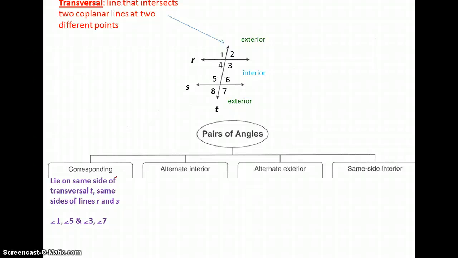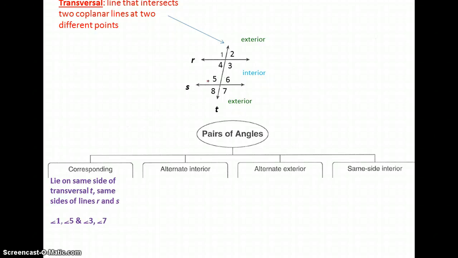By definition, corresponding angles lie on the same side of transversal T and also on the same sides of lines R and S. So same side of transversal T, so maybe the left of transversal T, and above lines R and S. So an example of a pair would be angle 1 and angle 5.